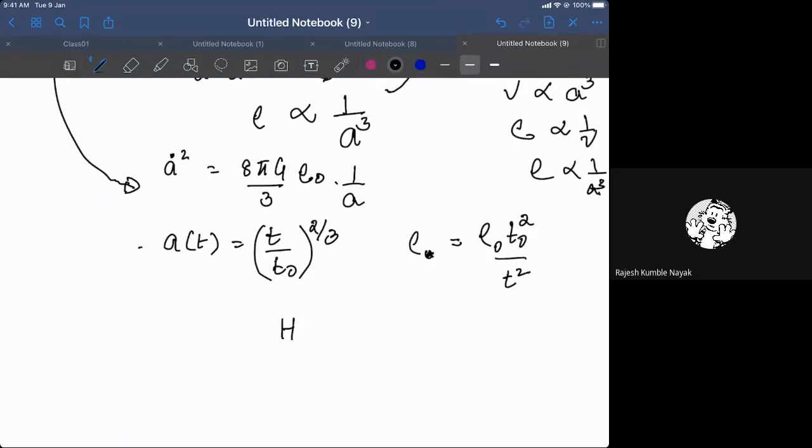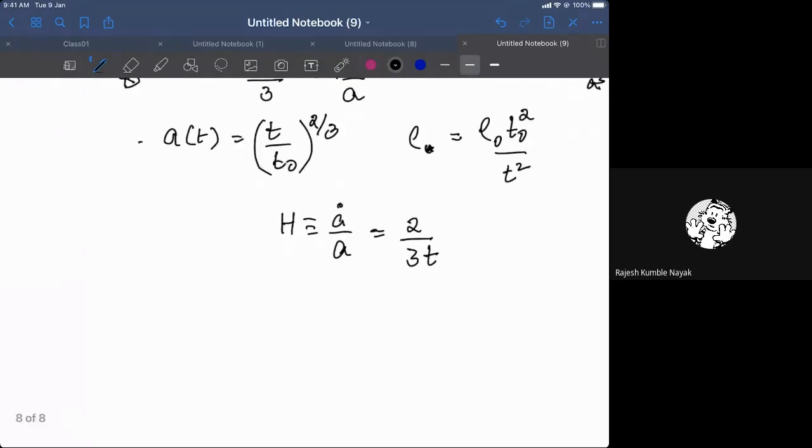This is how you solve the cosmological models. So you have the Hubble parameter, a dot by a. In this case, you can simply see that it is 2 by 3 t. Now, what does it mean?